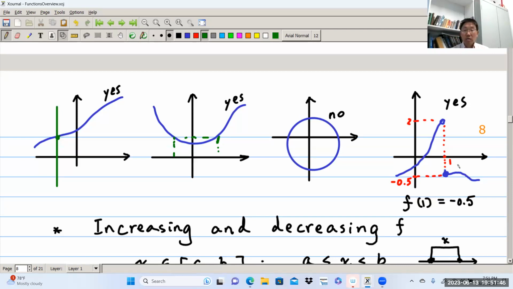Meaning f at 1 is given by the y-coordinate of this point. The open circle means that point is excluded. So remember that fact: when you see an open circle on a curve, that means that point is excluded. If that point is included, you need to use a solid dot.